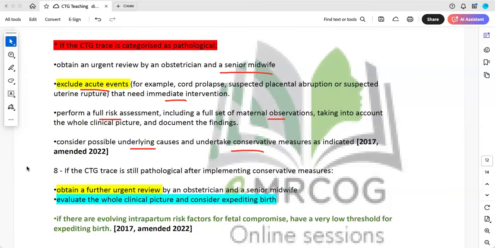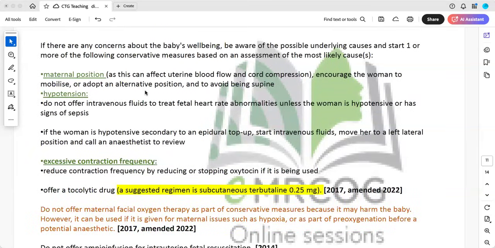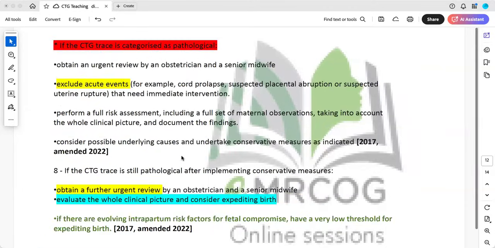Again, conservative measures have a role here, and it could be, for example, changing maternal position, or if there is excessive contraction frequency, stop or reduce the oxytocin according to the need, and consider terbutaline if there is need for a tocolytic afterwards. Don't give oxygen routinely, don't give IV fluid routinely.